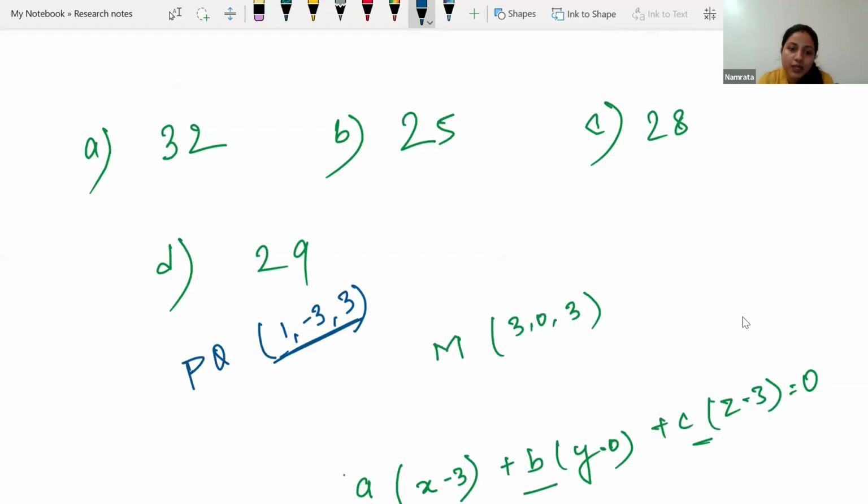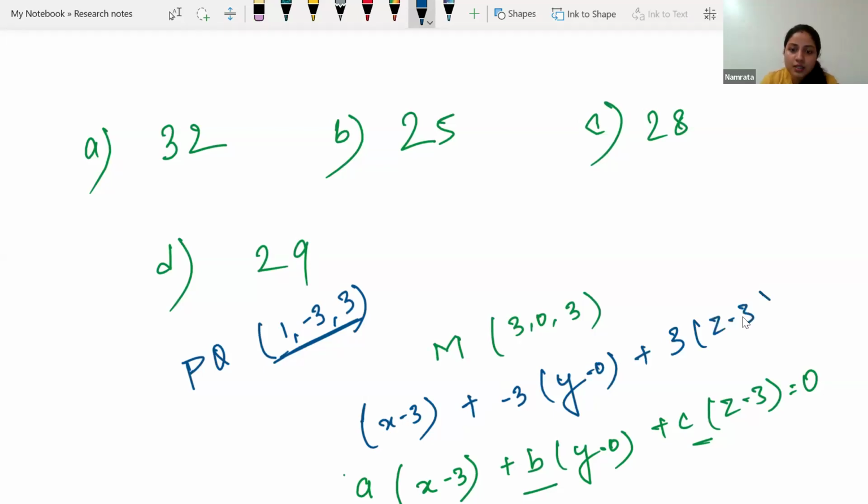If we generate the equation of a plane by using this direction ratio, we'll have x minus 3, negative 3, y minus 0, 3, z minus 3. From here we are getting x minus 3y plus 3z minus 3, minus 9, minus 3 minus 9 is minus 12, equals 0.